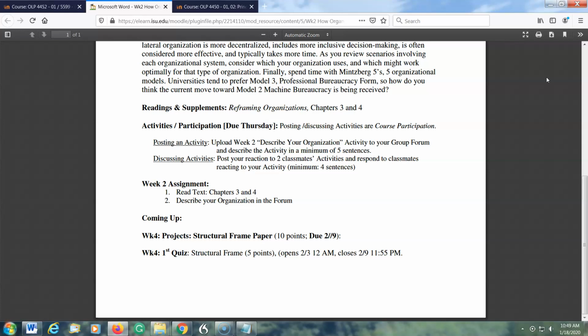So our first activity, and you'll be looking in your week 2 activity, is to describe your organization. And if you're not currently working or not part of an organization, consider joining an online organization just to get an understanding of how things work and a look at what we might do to improve.